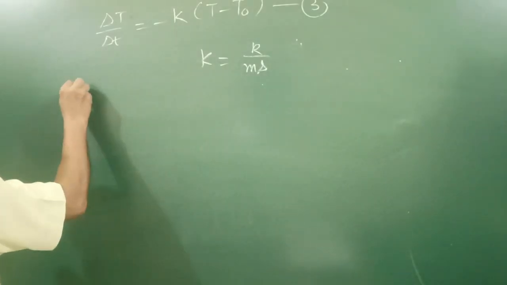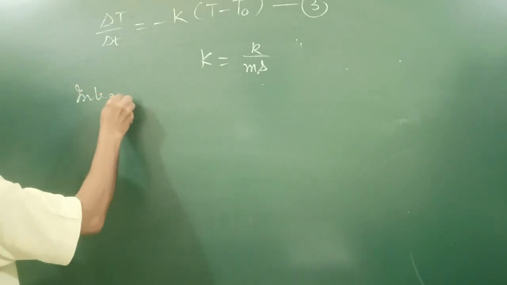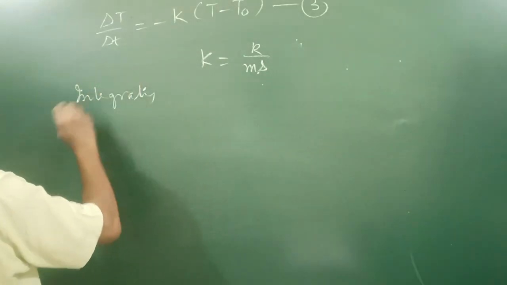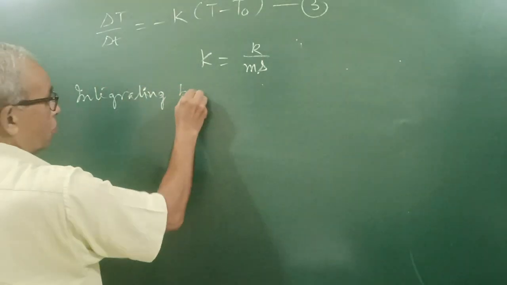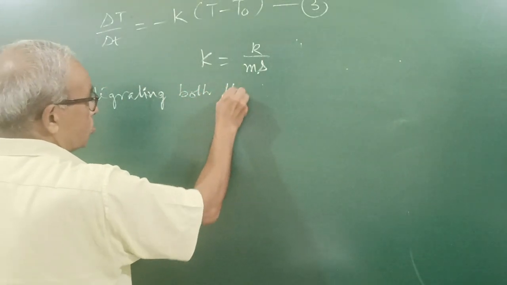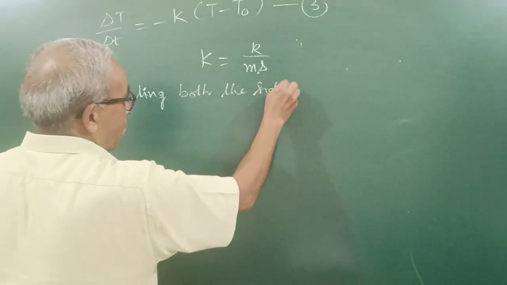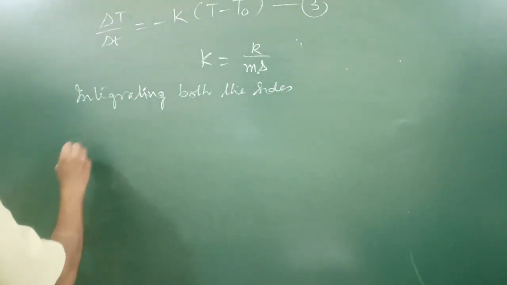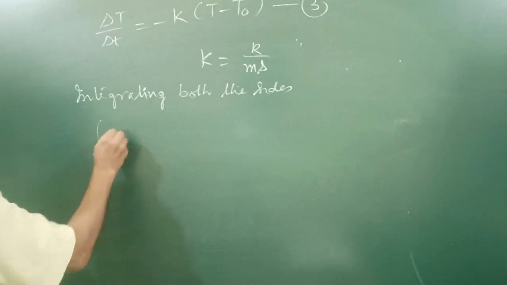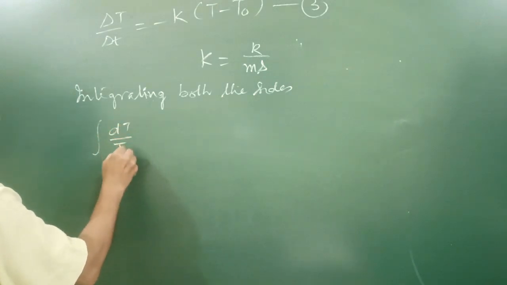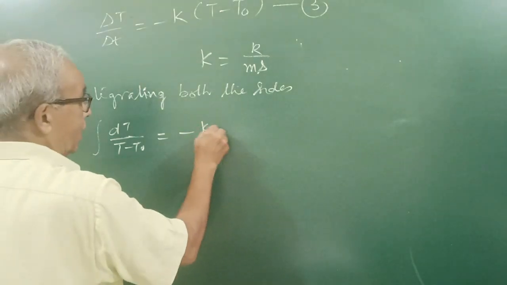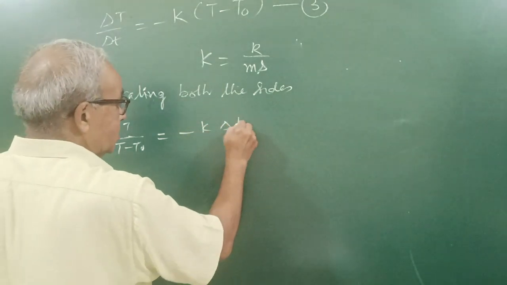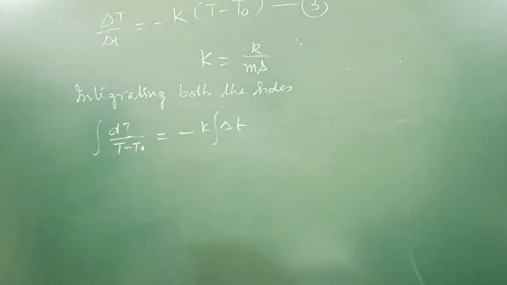Now integrating both sides, we write dT upon T minus T0 is equal to minus K into dt. K is constant.